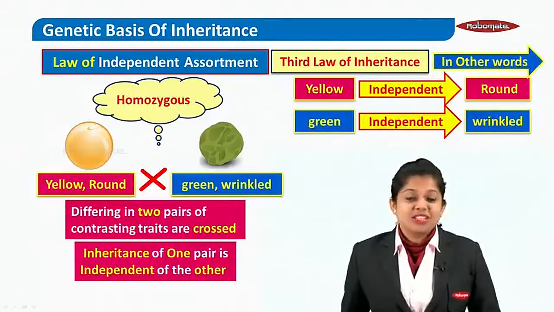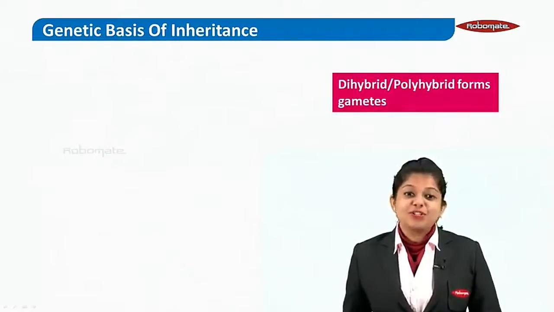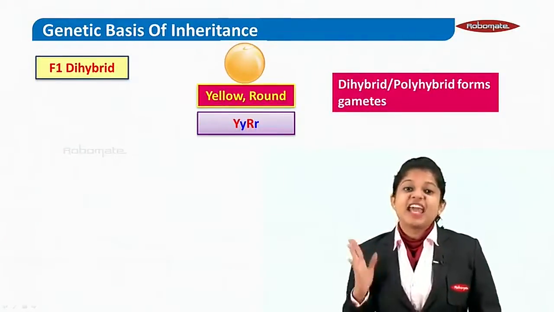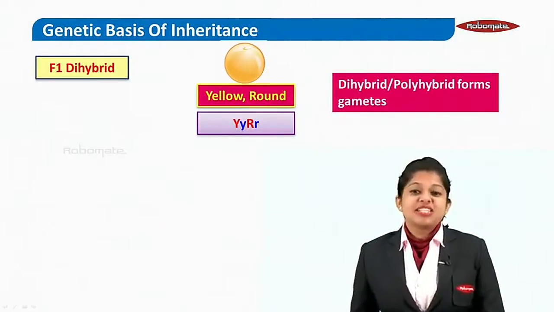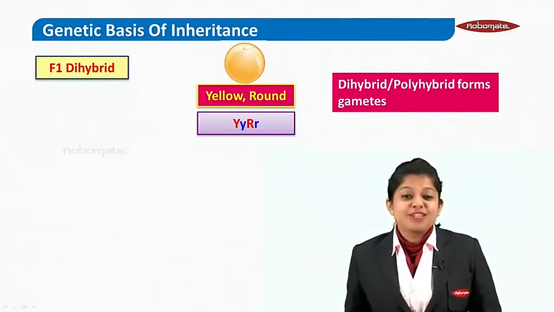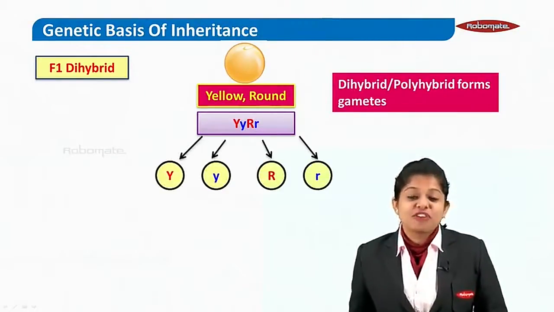So what I mean to say is whenever we have a dihybrid or a polyhybrid that forms gametes, like for example here we have our F1 dihybrid which is yellow round and will form gametes, during gamete formation it first undergoes segregation of alleles.